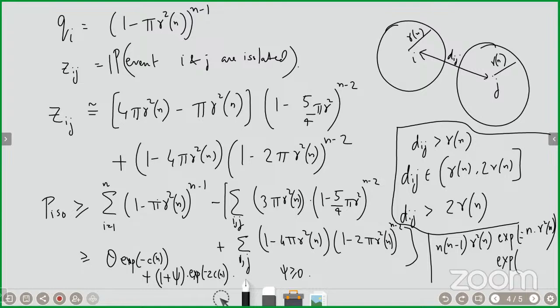Now give me the punchline. Is it that I need c of n to go to infinity? That's essentially what we want. If it doesn't go to infinity, what will happen? Some more little work is needed. I'll do that, but more or less that is what is going on.